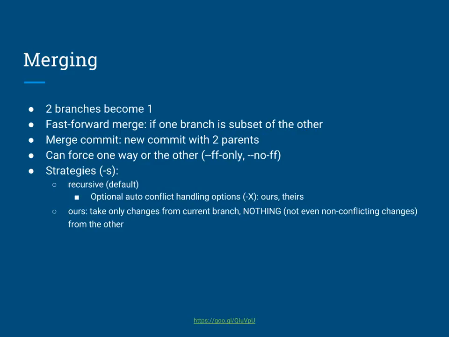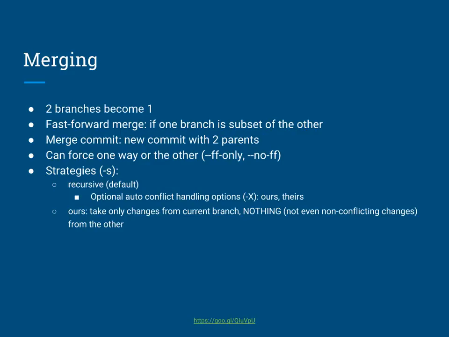If we want to create a commit that contains both branches, there's really no other way than to do this. This is called a merge commit. A merge commit has two parents, and they point towards the tips of the two branches that were merged.